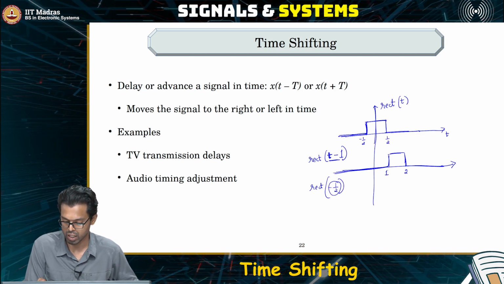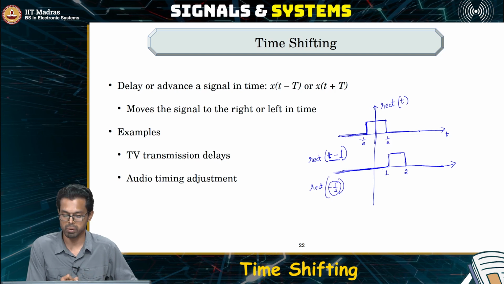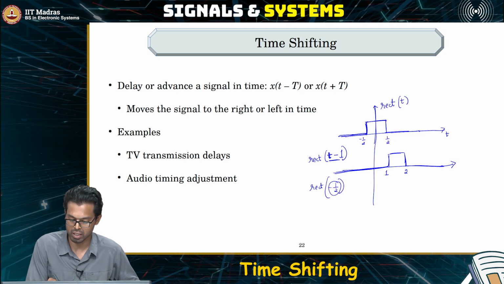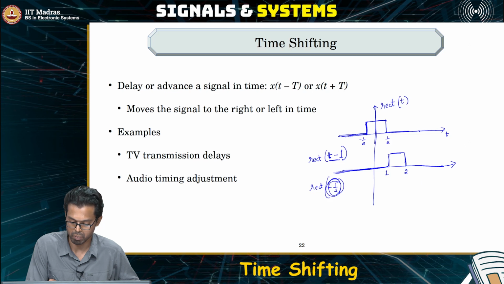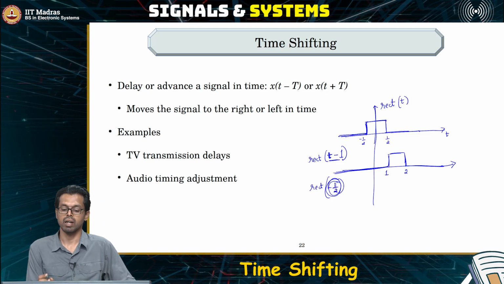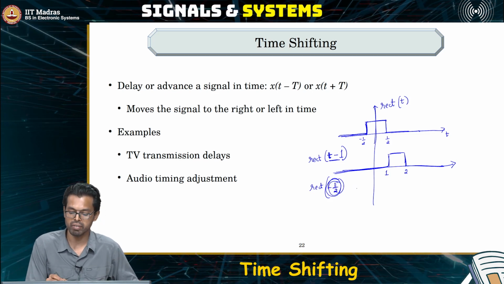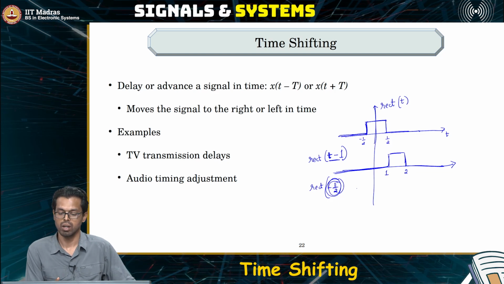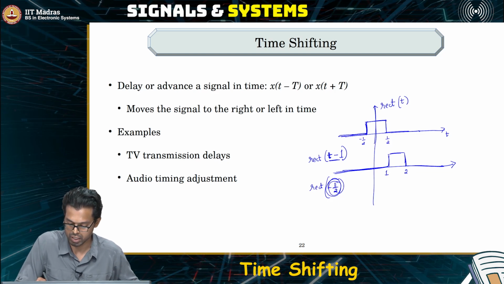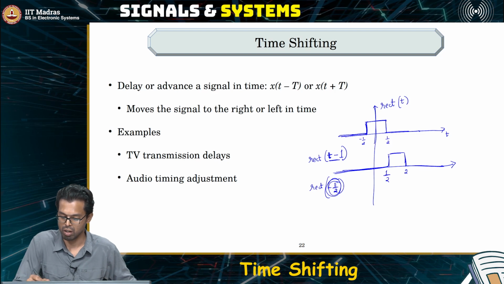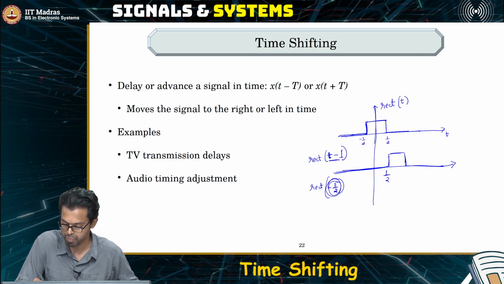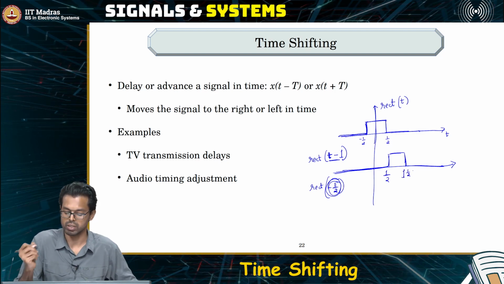So if we want to start it at 1 second, how do we represent it? We'll represent it such that this value is minus half, but then that value will be minus half only when t is at half a second, right? So this is half a second, this is 1 half.